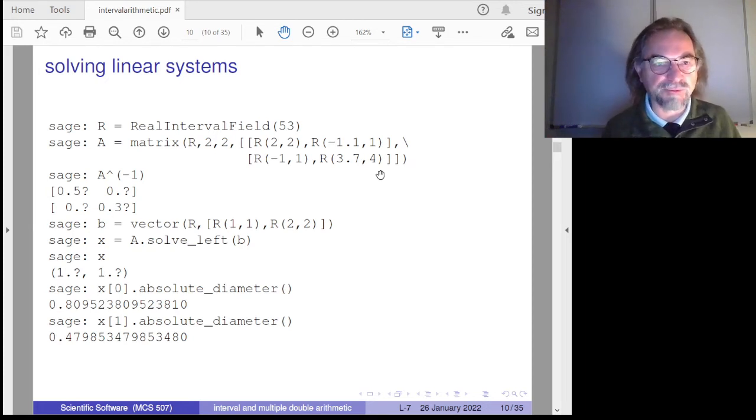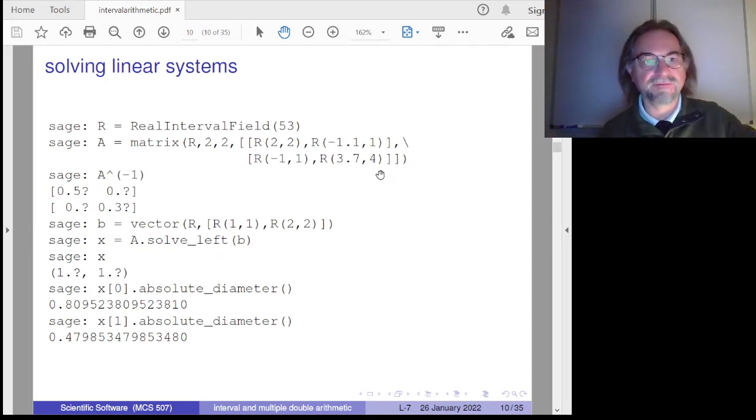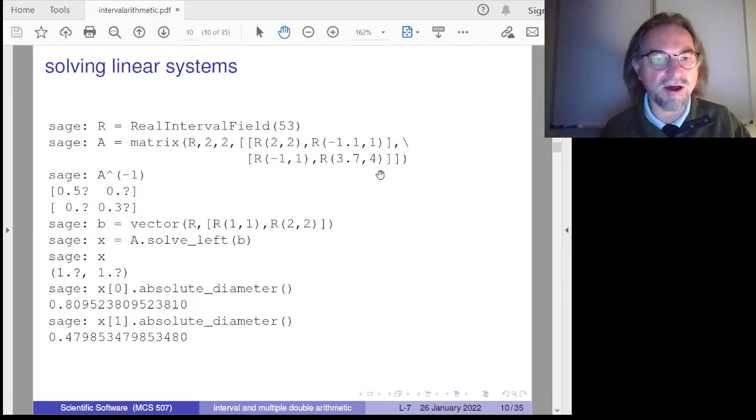for the number of decimal places, the 2, 2 gets inverted to 1/2. I have on the diagonal numbers that I am sure enough are not 0 yet. So I can solve a linear system with this. And you see that the solution is about 1, 1. But there is a large diameter. So in some sense, this is automatic error analysis.